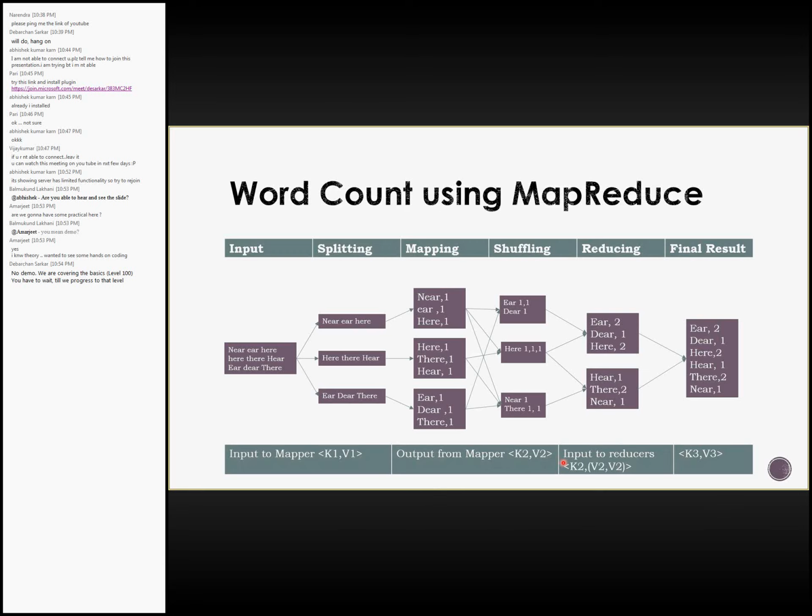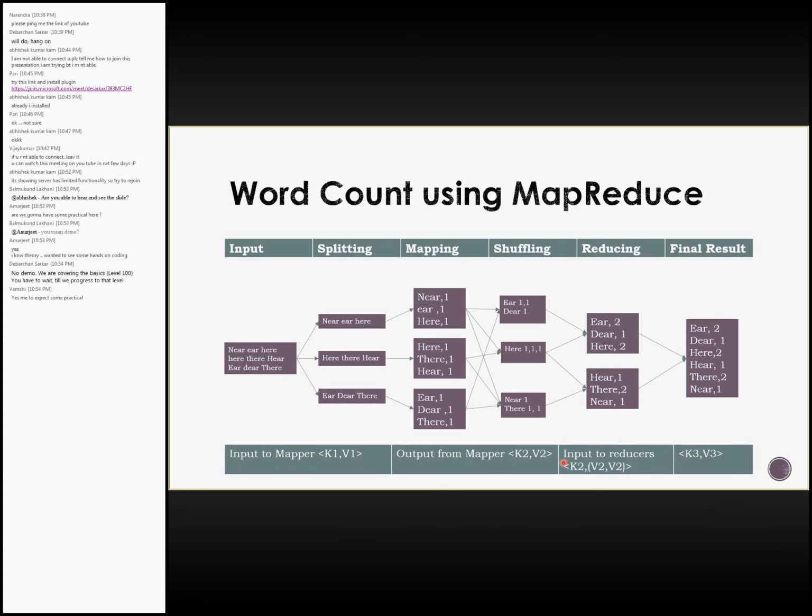Our input is the 3 lines that we have here, and I just want to count how many times individual words appear. The first thing that happens is splitting. The data that we input is split.